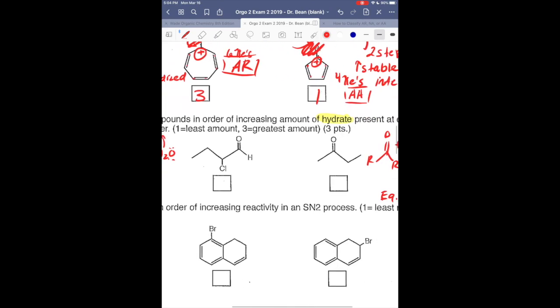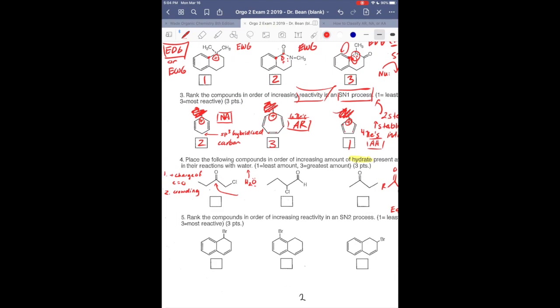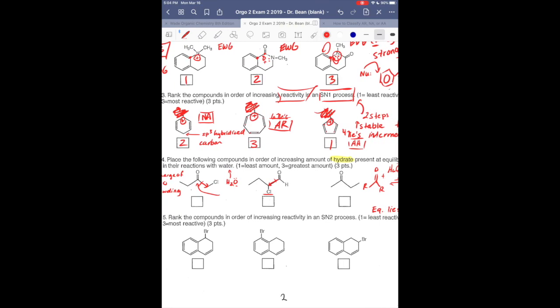So if we're comparing those two factors between all of these, right, I see in the middle one, there's a chlorine, which is going to be acting via the inductive effect. And also, this one as well. The one on the very far right doesn't have that, but the two on the left do have that. And in addition to that, what's different between the middle one and the left?